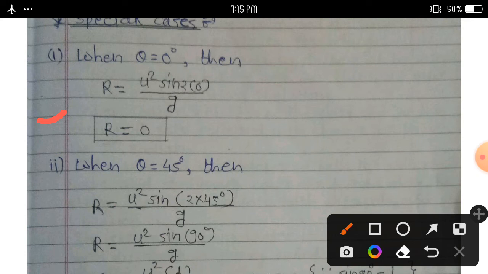Theta becomes 0, so u square sine 2 into 0 upon g, and this term becomes 0, that is R is equal to 0. When angle of projection theta is equal to 0, the horizontal range becomes 0.